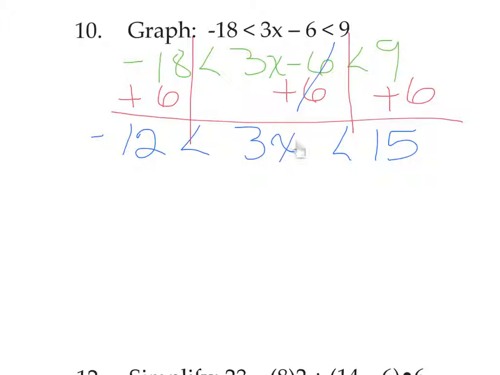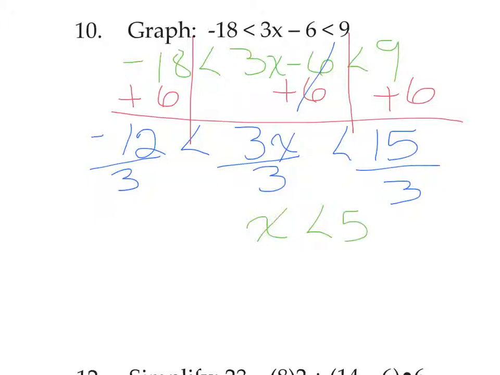Now to isolate this x, we have to divide by 3. I'm going to do that on the right and on the left, all three places. So now we have x, and on the right, 15 divided by 3 is 5. On the left, negative 12 divided by 3 is negative 4.